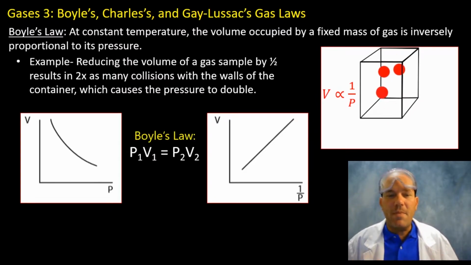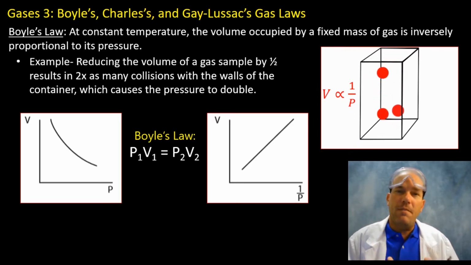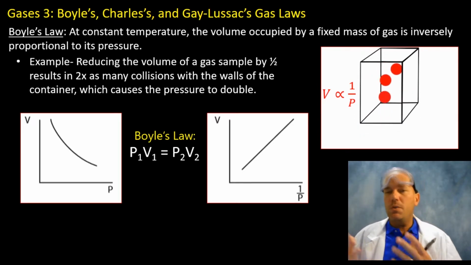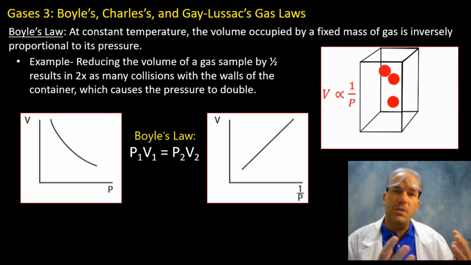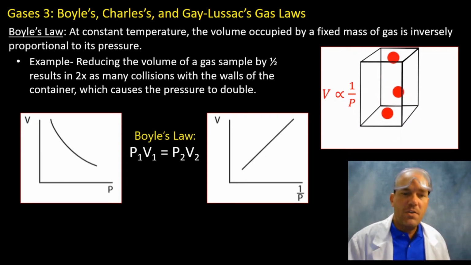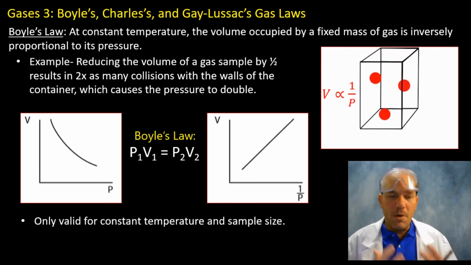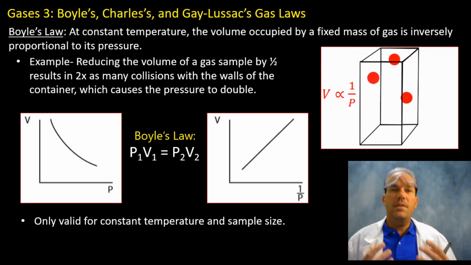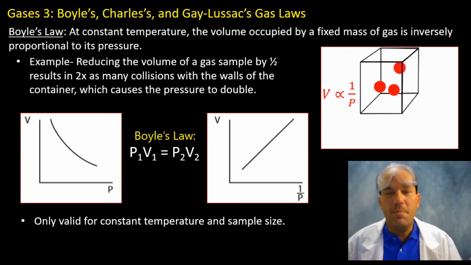Boyle's law mathematically is expressed as pressure 1 multiplied by volume 1 is equal to pressure 2 multiplied by volume 2. So you can think of this as your initial conditions of pressure and volume and your final conditions of pressure and volume. But remember, this is only valid at a constant temperature and sample size.